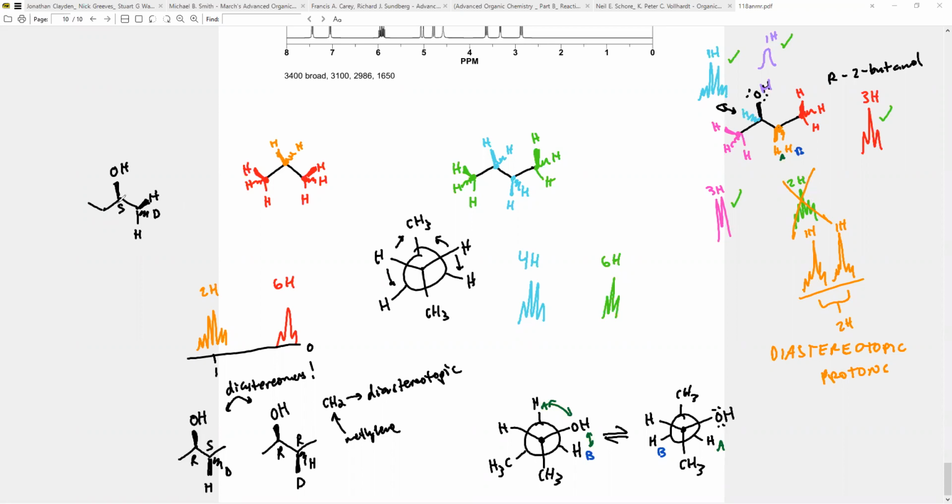Yeah, sorry. Switching any of those hydrogens with D will still not make a chiral center, so it's always going to be the same thing. Nothing changes.